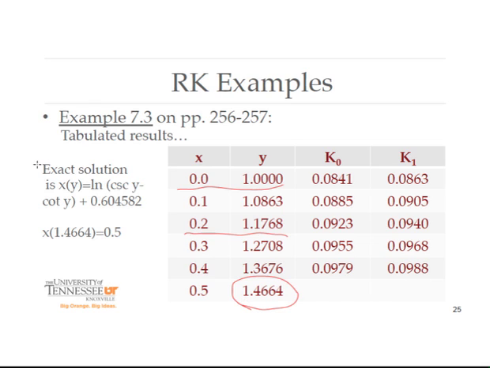It turns out the exact solution can be written in an inverse way, x in terms of y, where if I give you a y, you can find the corresponding x. And we can see that it matches up perfectly. So the modified Euler is doing a wonderful job of matching up to 4 decimal digits of accuracy at the point x equals 0.5, where y should be 1.4664.